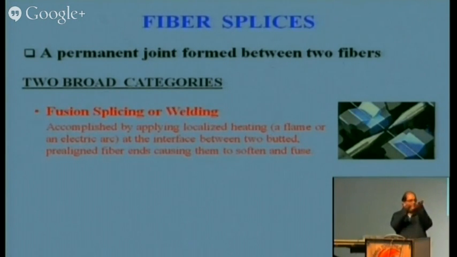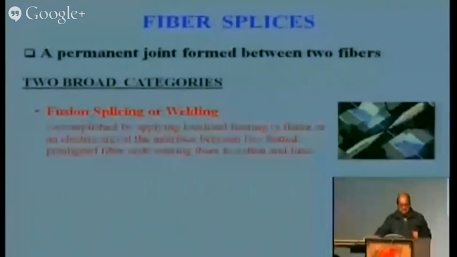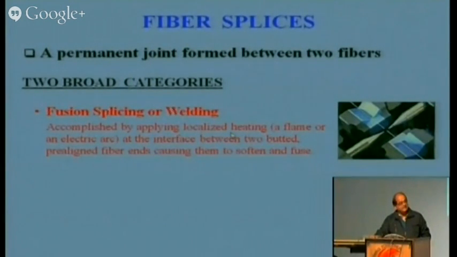You have to heat the fiber to the fusion point, and the fusion point or melting point is above 1000 degrees centigrade. For pure silica, it is 1410 degrees centigrade. So you need a very powerful heating source. The heating sources are basically by applying localized heating, a flame or an electric arc. Some arcs are created where you can raise the temperature to a very high degree.